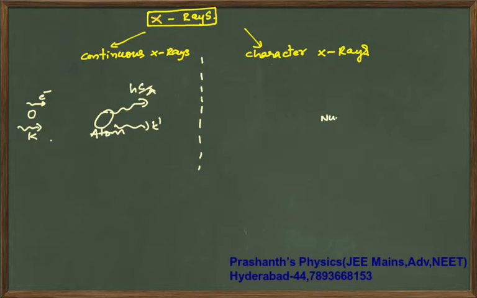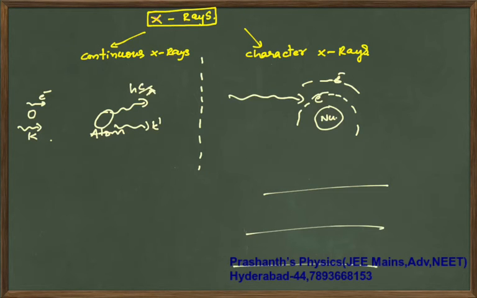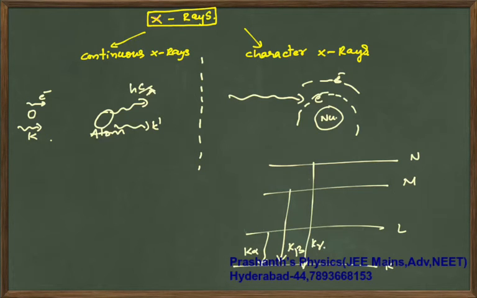Characteristic X-rays are caused because you have electrons revolving around the nucleus. Higher orbit electrons are knocked off, and we have the K, L, M, N shells. The first line is the K alpha line, the second is K beta, the third is K gamma, and then L alpha, L beta, like this.